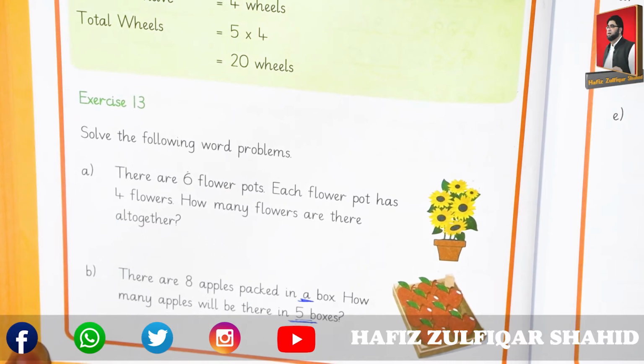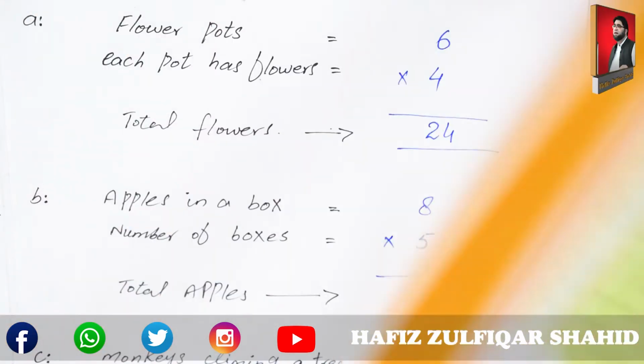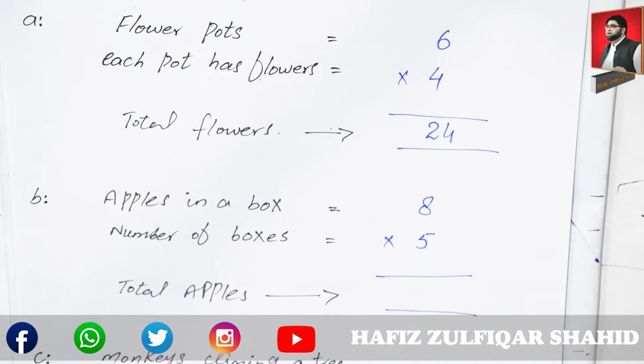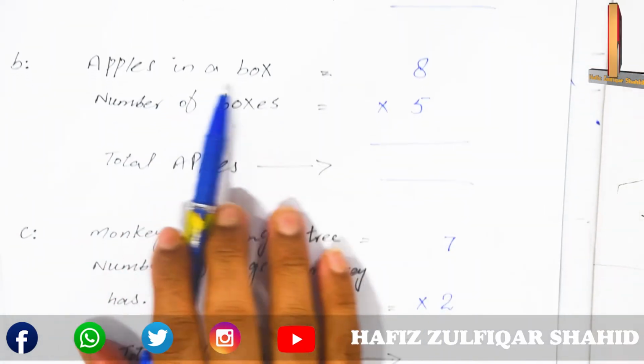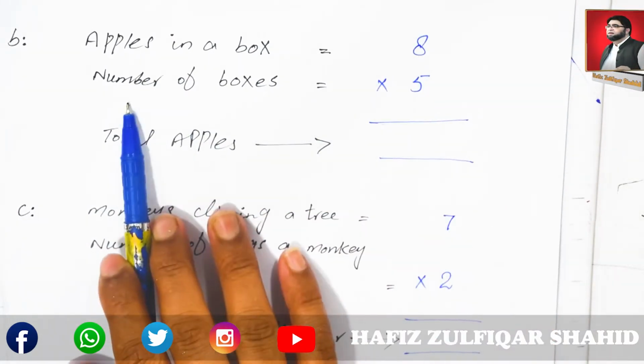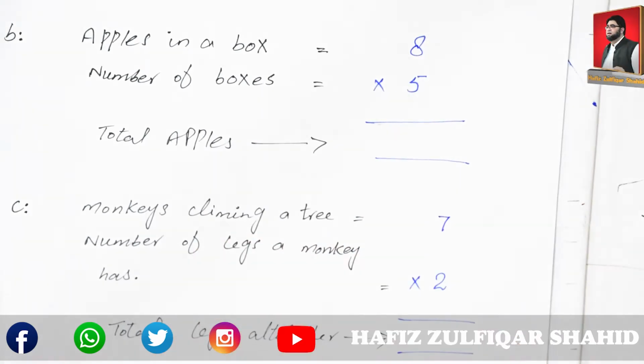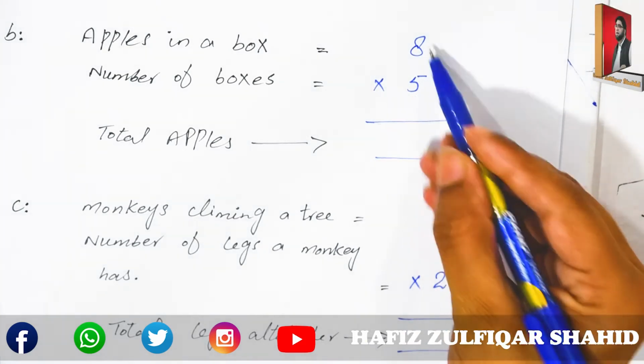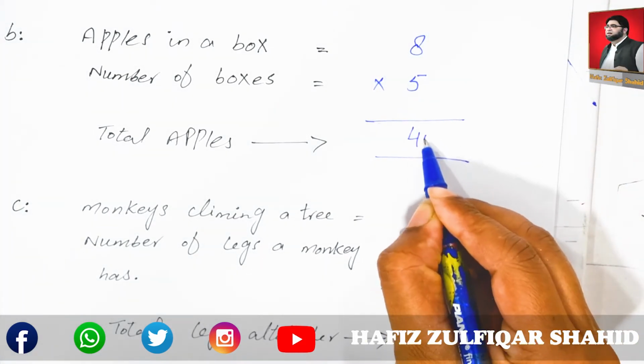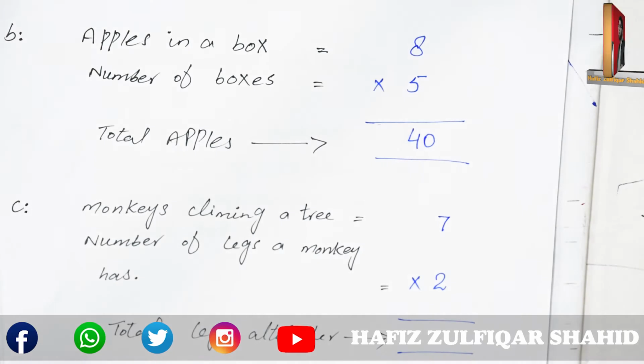One box has 8 apples. The total number of boxes is 5. Multiply these two numbers. 5 times 8 is 40. Total apples altogether are 40.